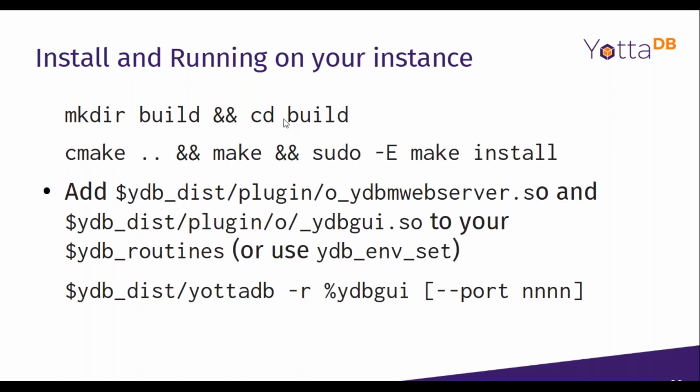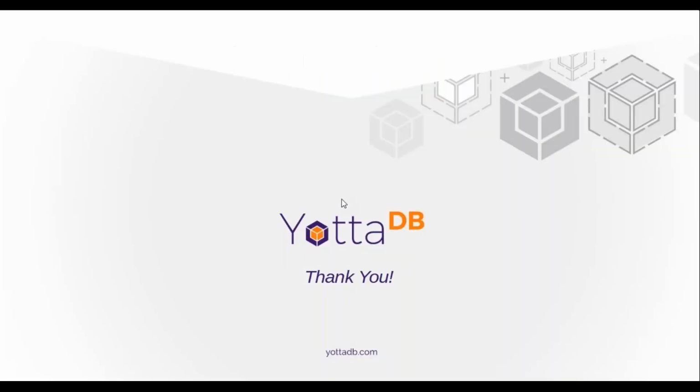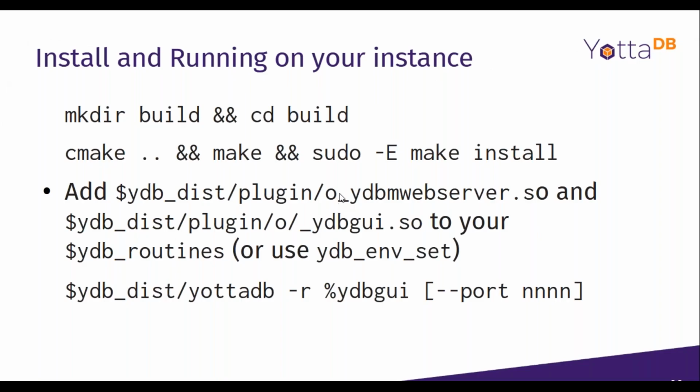And in order to install it, you clone the repo and you run these commands in order: cmake .., make, and you don't need the -e. I don't know why I have that. Then sudo make install. And then you just add plugin/o, and I forgot the other slash, sorry, there's a typo there, slash this .so and this to your YDB routines.